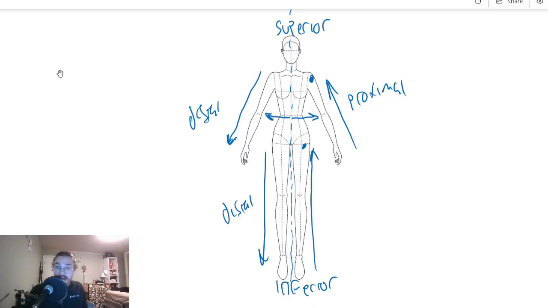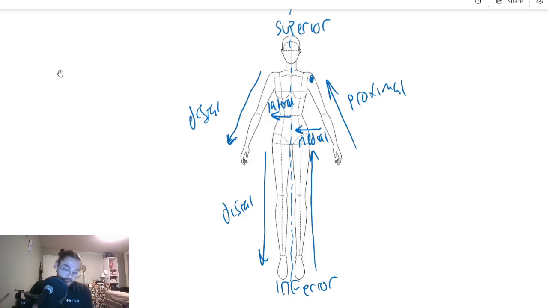So to the side, laterally, okay? So let's go and label that. We'll say medial, and then going any farther is going to be lateral. So there we go. So lateral raises are moving laterally from the midline. All right. There you go.